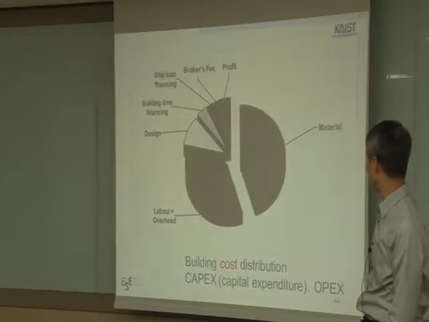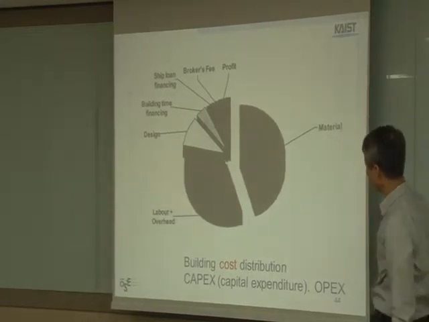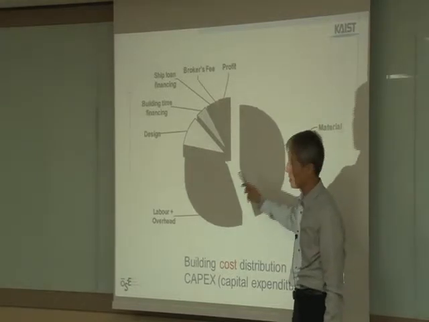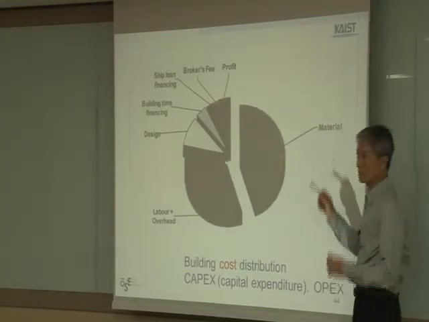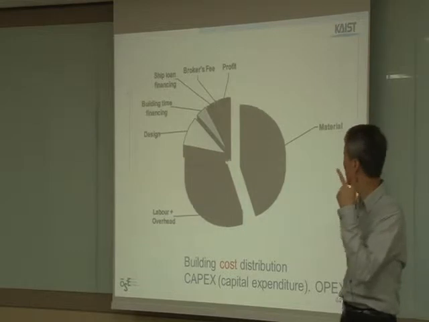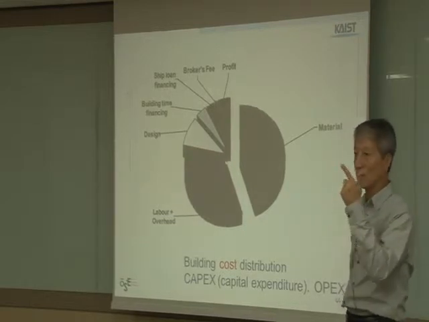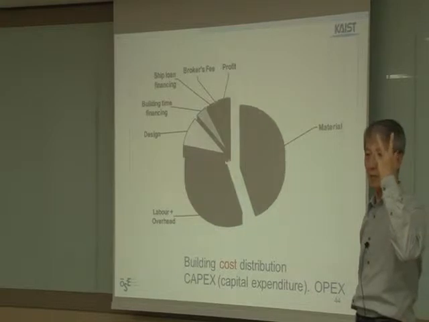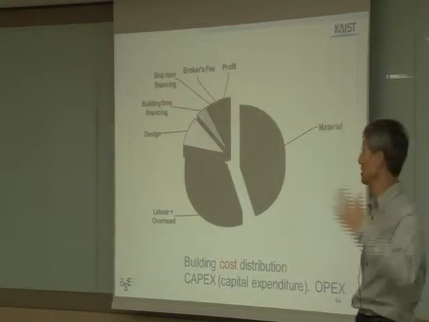And building cost distribution, the material cost and labor cost. These are the most important items. Material means steel, engine, and all the materials. Kitchen, piping, crane, all the materials, right?